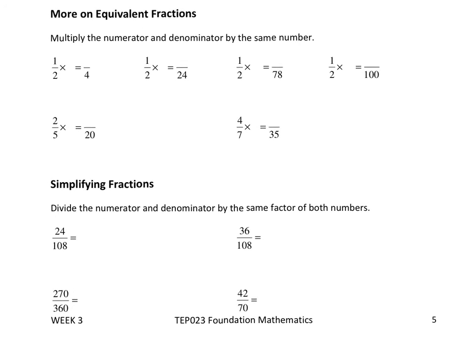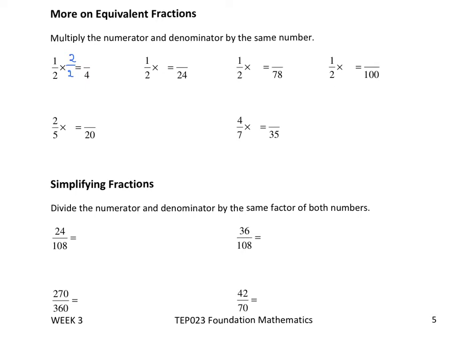So for instance, if I have a fraction of 1/2 and I want to make it an equivalent fraction out of 4, what have I done to 2 to turn it into a 4? I've had to multiply it by 2. If I multiply the denominator by 2, I must also multiply the numerator by 2.